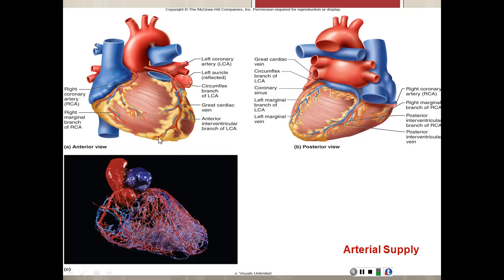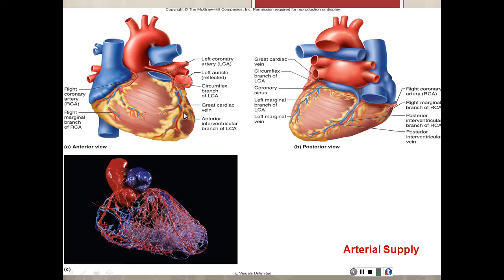It goes around just a little bit and up the posterior side. Once it goes around, it's going to start joining with the posterior interventricular branch. So this is our posterior view and this is our anterior view, and these two are going to join.